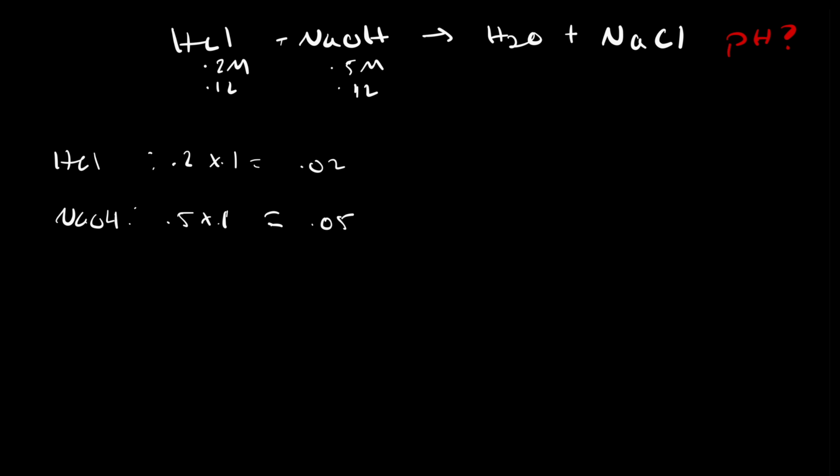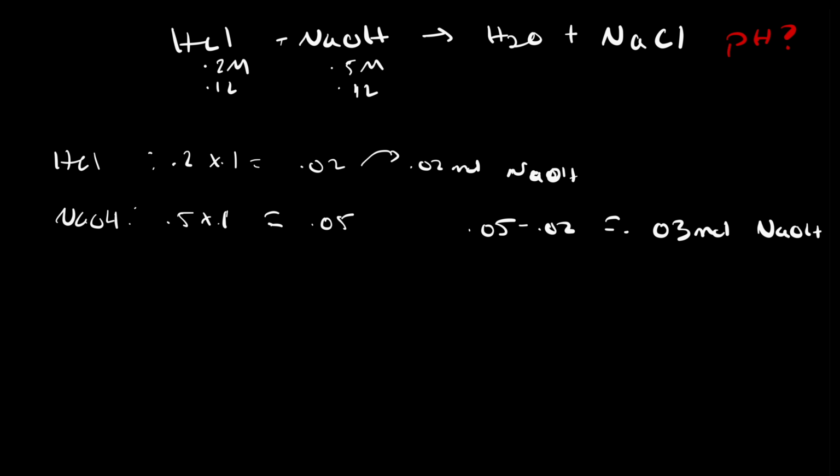So we can say that for HCl here, this means that we need to react with 0.02 moles of NaOH. And you see we have way more than that, which means here that HCl is the limiting reagent. So we can say that 0.05 minus 0.02 will get us the remaining NaOH in our solution. That's 0.03 moles of NaOH remaining.